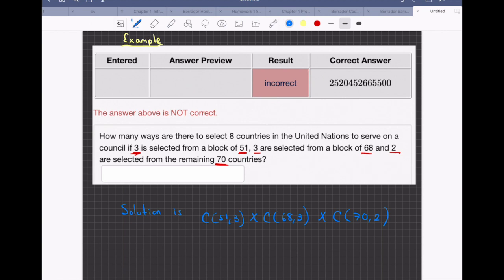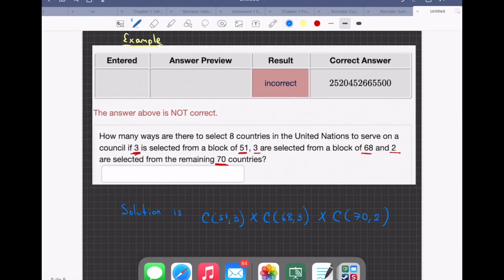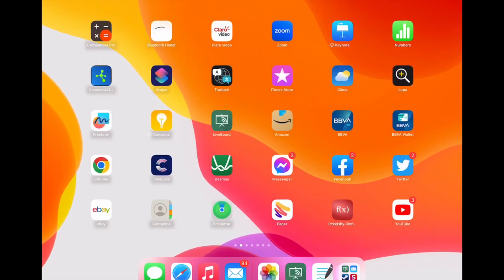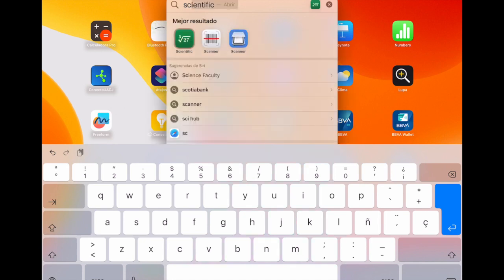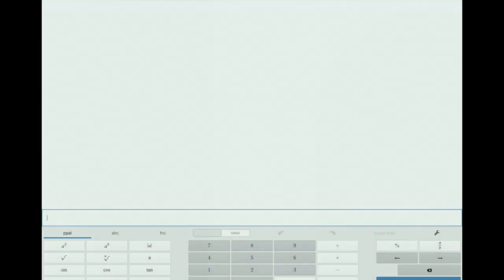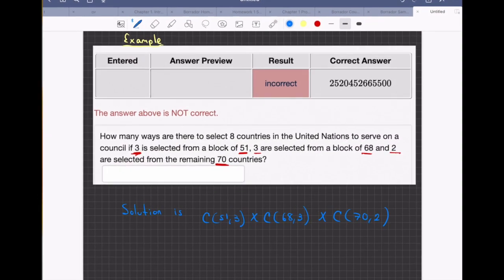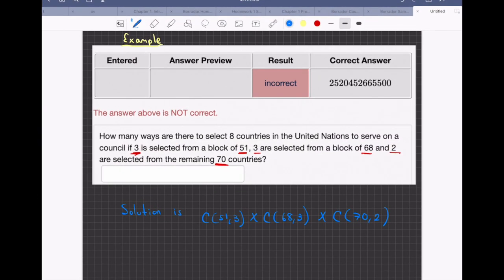Let me see if I have here a scientific calculator. I have to do 51, 3.